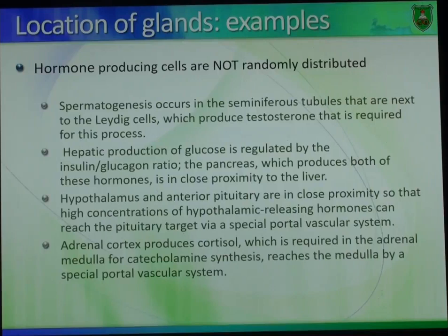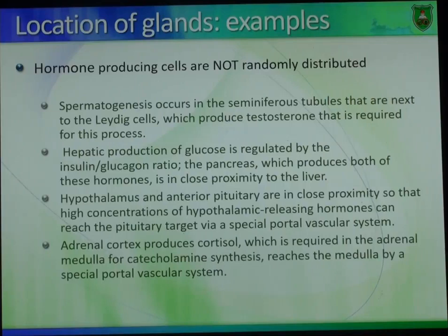And maybe one reason is to prevent the dilution effect of hormones in the body. So for example, spermatogenesis occurs in the seminiferous tubules, which are next to the Leydig cells. Now, the Leydig cells produce the testosterone, which is required for spermatogenesis.